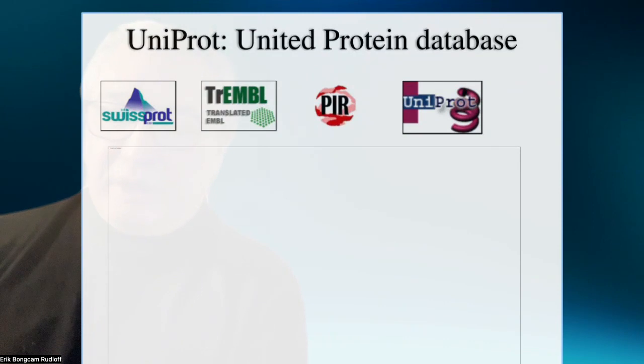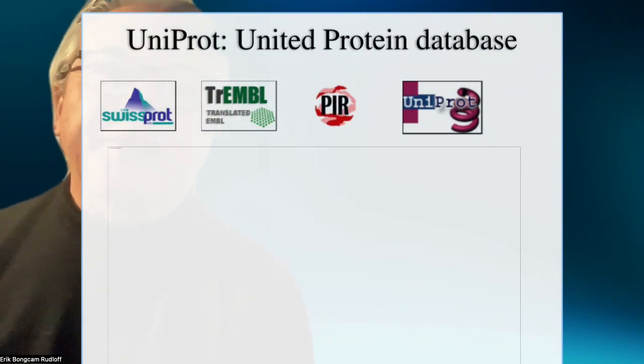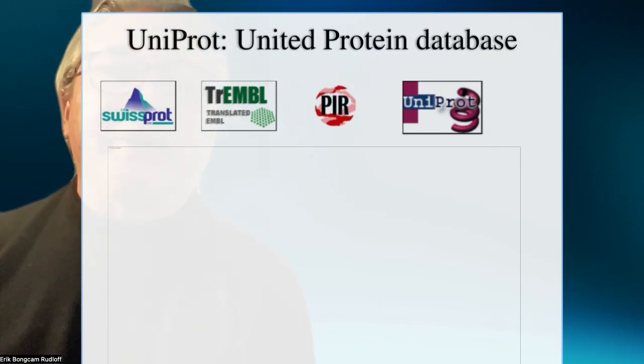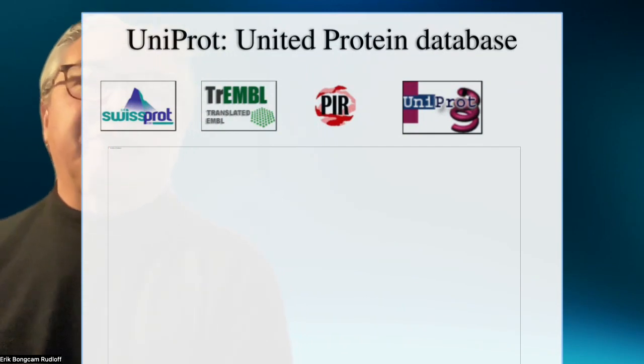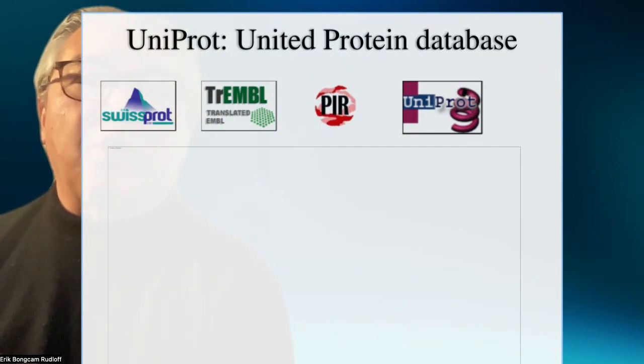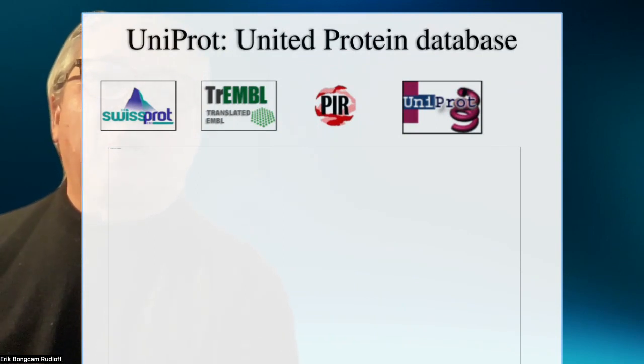Now, as you could see, there are many databases, many names, it's very complicated, and everyone in bioinformatics realized that this is the case. So what the community in bioinformatics has done is to put all these databases together into one.